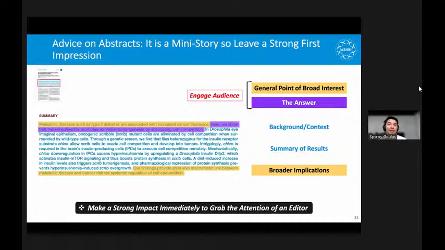This type of writing is particularly effective in the abstract and is often used by journalists and newspapers, and is also seen in papers published in Nature and Science, where the editor has very little time and the authors need to grab their attention. So make a strong impact immediately in the abstract so you can grab the attention of an editor.